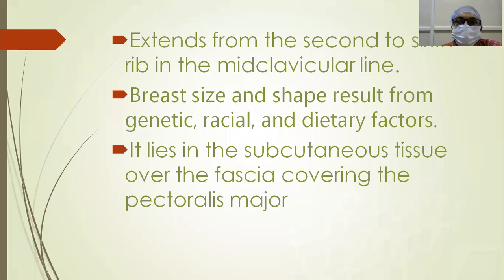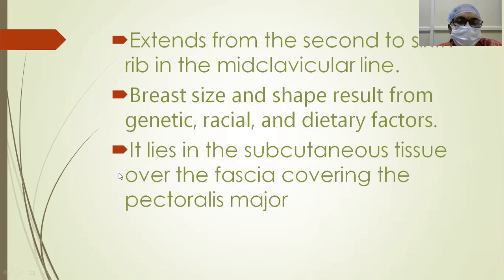So, how is the anatomy? It extends from the second to the sixth rib in the mid-clavicular line. So, the size and shape of the breast are determined by the genetic, racial, and dietary factors.